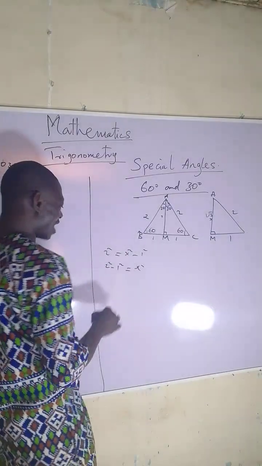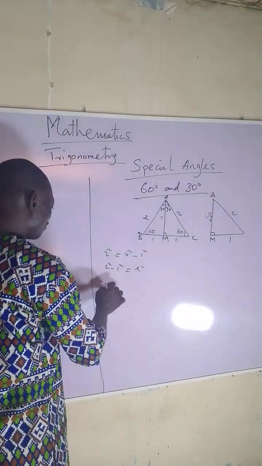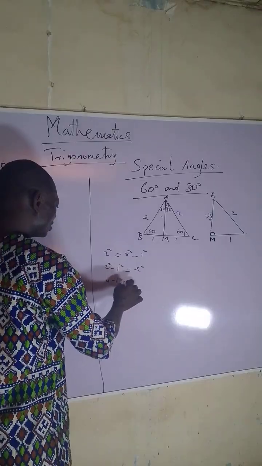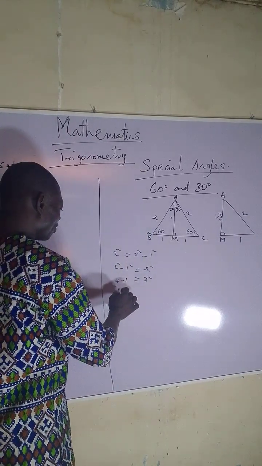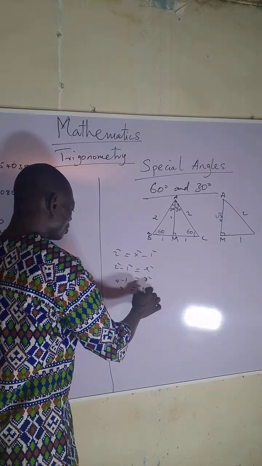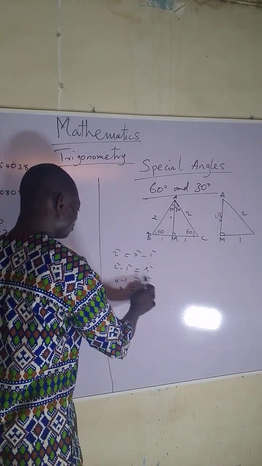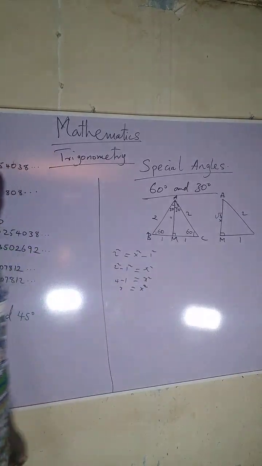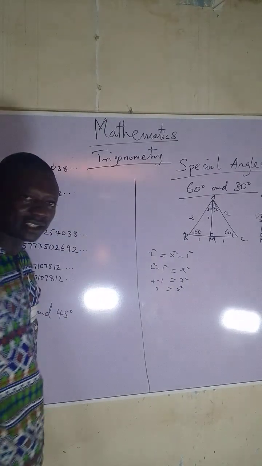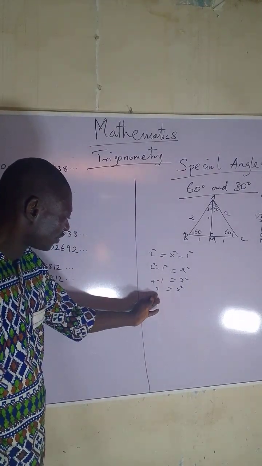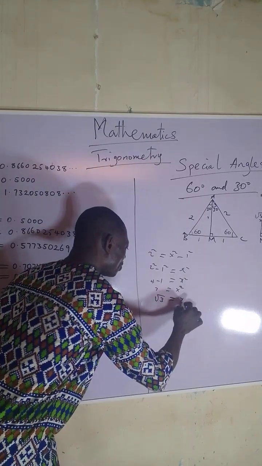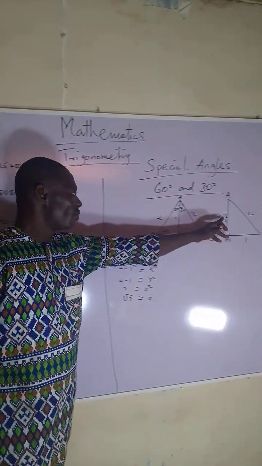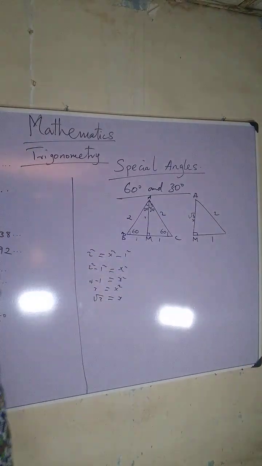Yes, we're looking for the value of x. And so, what we have here is 4 minus 1 is equal to x squared. So 3 is equal to x squared. Then we find the square root of both sides. Square root of x squared is x, and square root of 3 is root 3. So root 3 is equal to x.